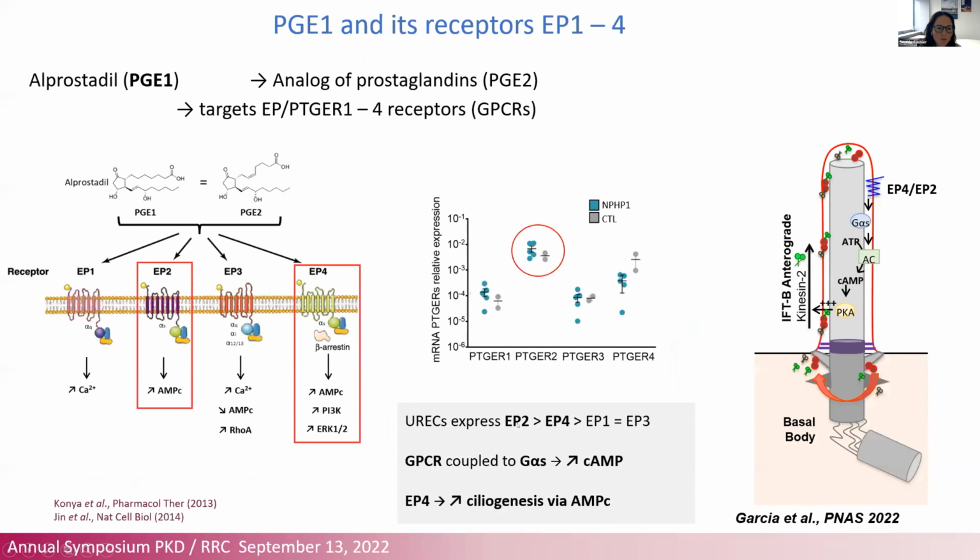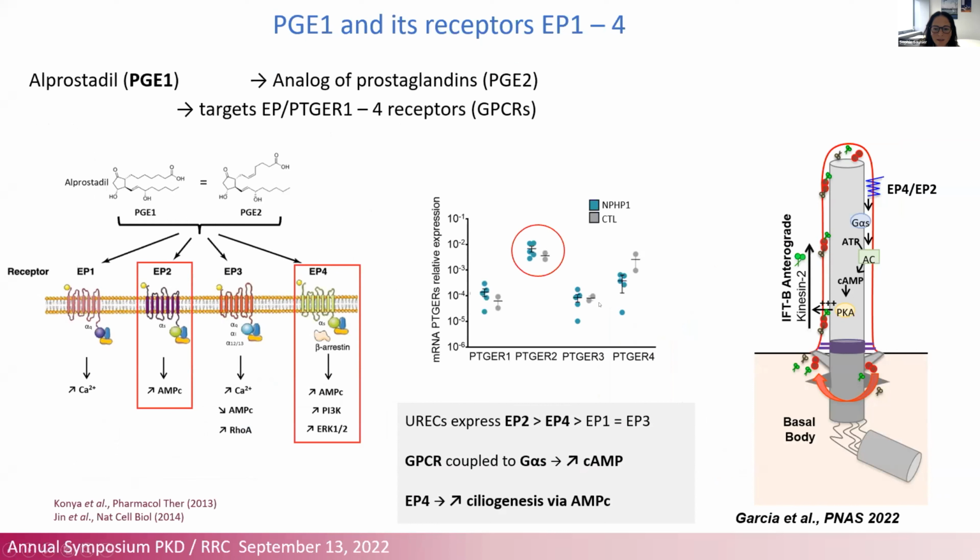twofold. PG1 is an analog of prostaglandin and is known to target 4 receptors, EP1 to EP4.